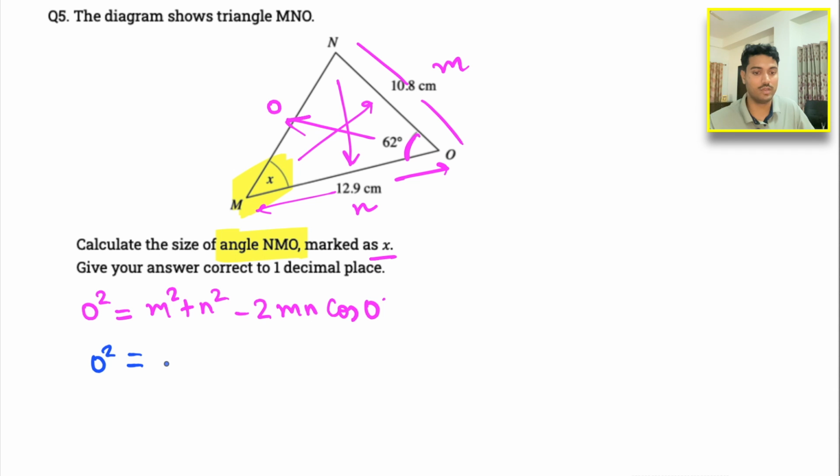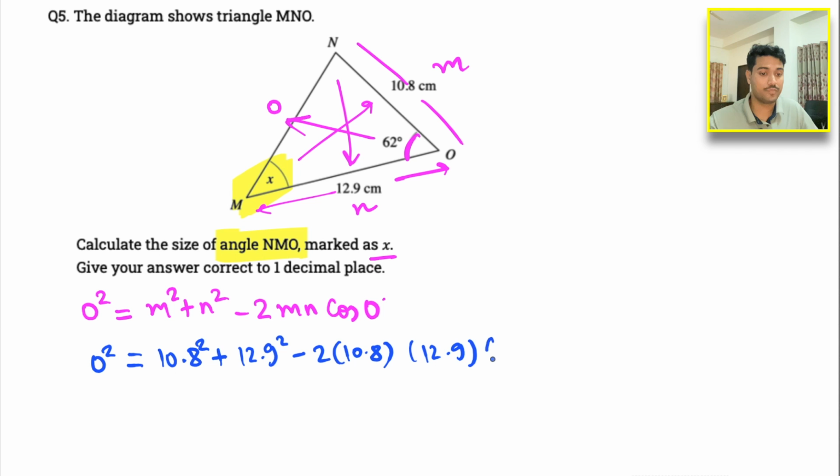So o square will be 10.8 square plus 12.9 square minus 2 times 10.8 multiplied by 12.9 multiplied by cos 62 degrees.